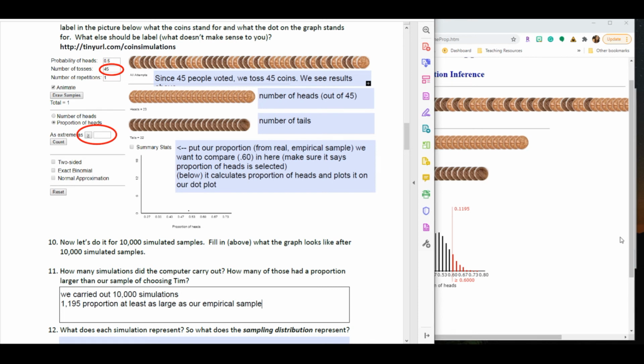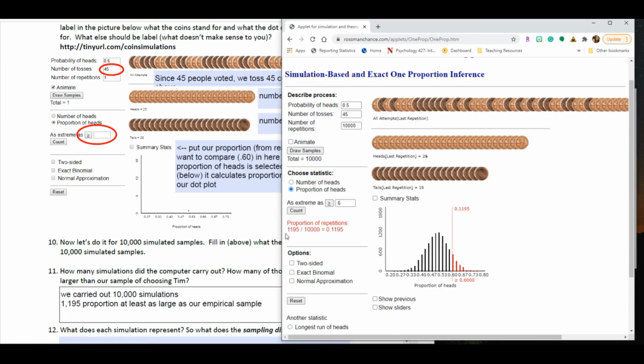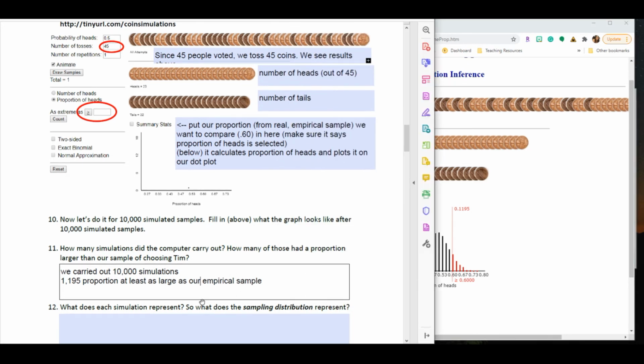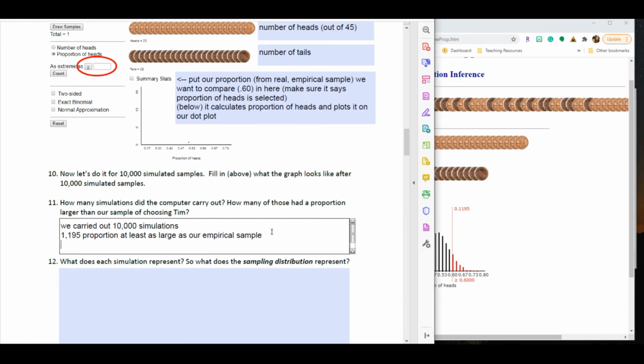If you're following along and doing this with me, it is really unlikely that you got exactly 1,195. You probably got something a little bit different because, again, it's random. So in this case, I could interpret that as about 12% were like our empirical sample or more extreme. It's at least like our sample. They could be even more extreme than that, and that's okay.